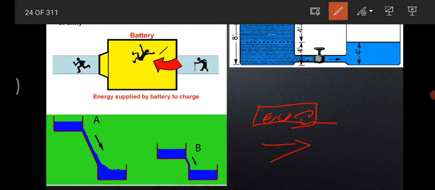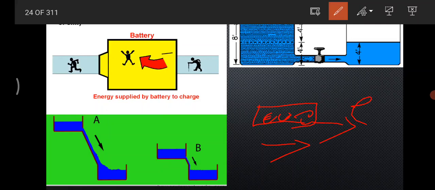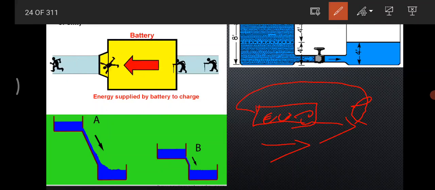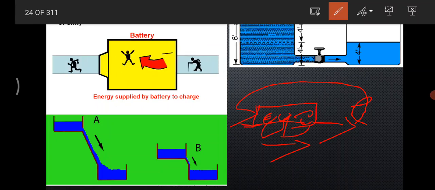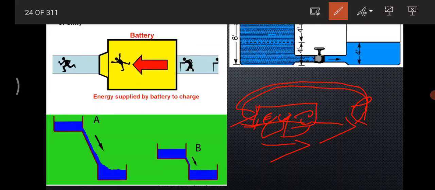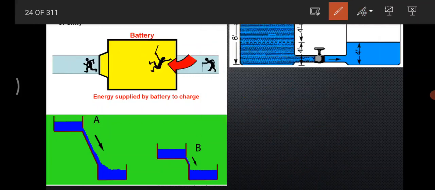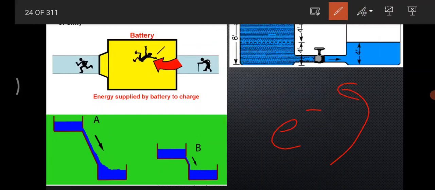So I should ask one person to come out, and I'll allow him to sit here. What will happen? The person who is sitting here will go this side, the person who is sitting at the corner will come to the middle, and this person will occupy this space. We are just changing the position. We are just taking an electron and allowing it to go to the other terminal.